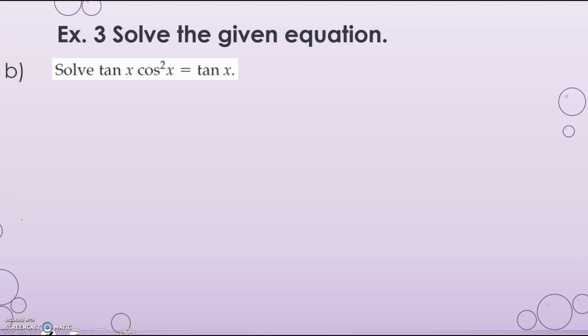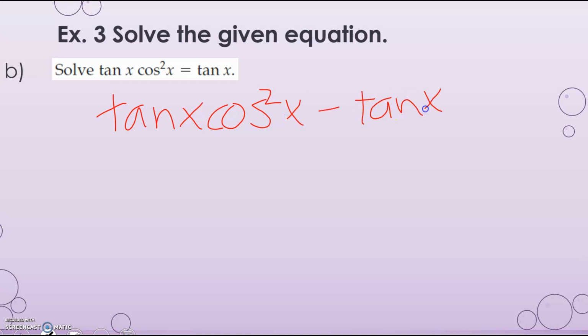So what we're going to do is we're going to actually combine the 2 terms together into one side. Once I do that, I'm still going to try to factor. What do they have in common? Oh, wait a minute. They have a tangent of x in common.